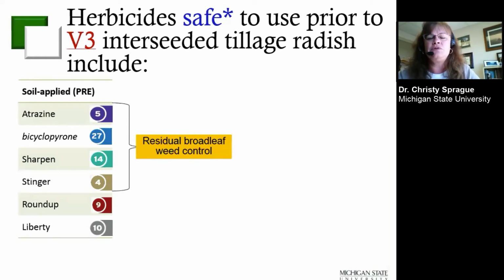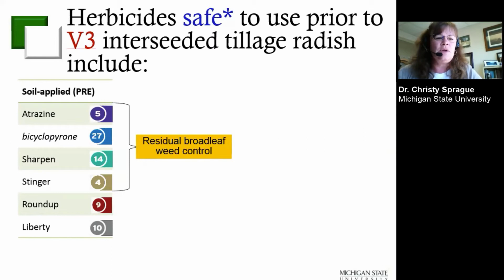So if we were to interseed the cover crops into the corn at the V3 stage, we had a little fewer options than if we waited until V6. So some of the safe ones you can see that would give us residual broadleaf weed control were things like atrazine, bicyclopyrone, again, this is a component of Acuron, Sharpen, and Stinger.